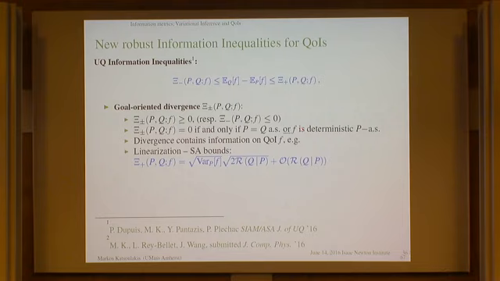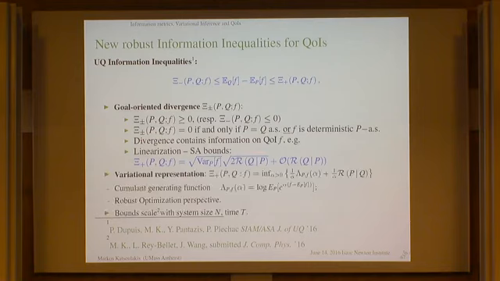So they are sharp in that sense. If p and q are close, they look exactly like this. We can prove that. And in fact, in this recent preprint, which you can find online, we actually have proved that this bound scales well.